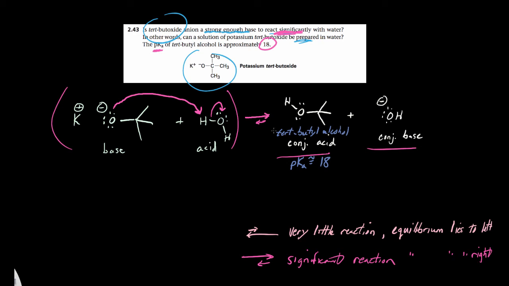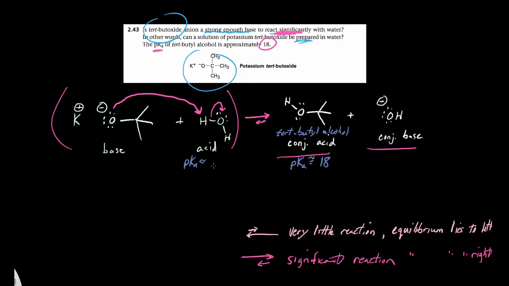Well, that doesn't tell you much. What we're looking at when we look at whether a reaction happens or not is the relative pKa's of the two acids. The other acid in this system is water, and the pKa of water is about 16. I think it's 15.7.